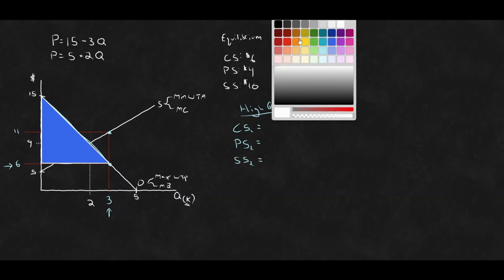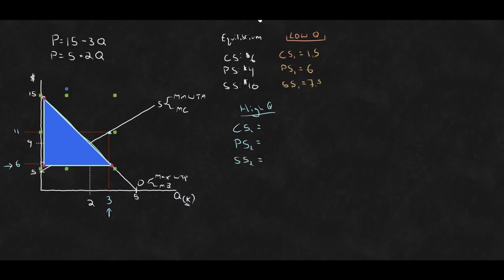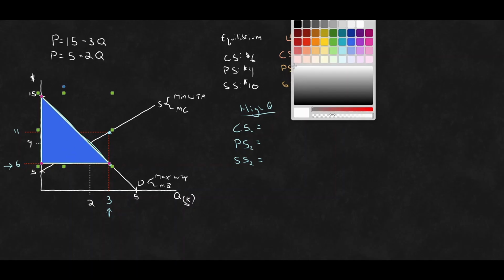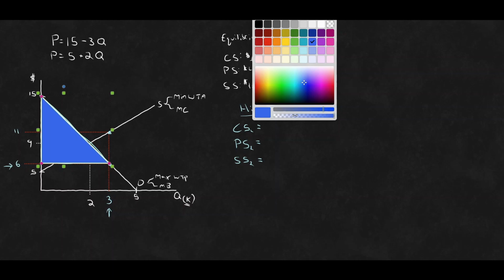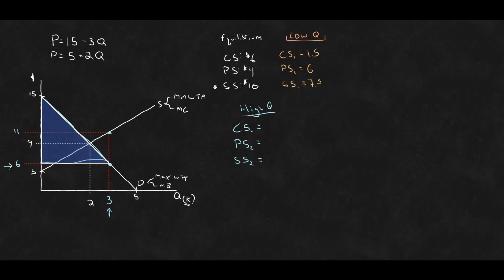Let's make that a little bit transparent so that we can see the stuff behind it. Okay, so altogether, this is our consumer surplus, which is just a triangle. 1/2 base, what's our base? 3, times a height. We have a height of 15 down to 6, so a height of 9.